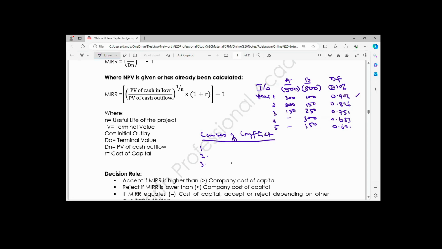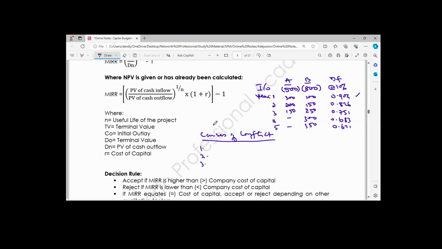So where there is a difference in useful life of projects or project sizes, it may result in conflict between the decision of NPV and the decision of internal rate of return. So in case you are asked to explain the causes or the reasons for conflict between NPV and internal rate of return, these are the things you are going to be talking about.